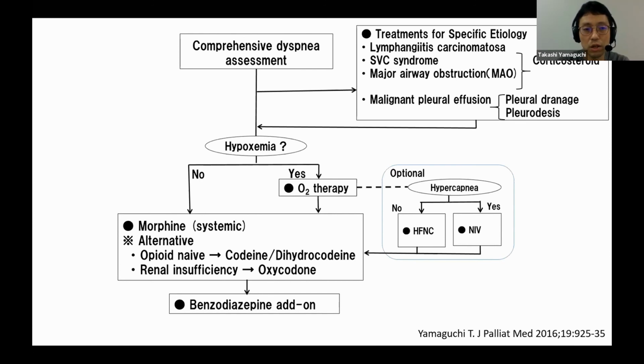If the patient is opioid naive, we may consider codeine or dihydrocodeine if we have some concern about using morphine. And if the patient has renal insufficiency, oxycodone may be used as an alternative. And after giving systemic morphine or other opioids, if the patient is still dyspneic, we have to consider adding benzodiazepine on the opioid.